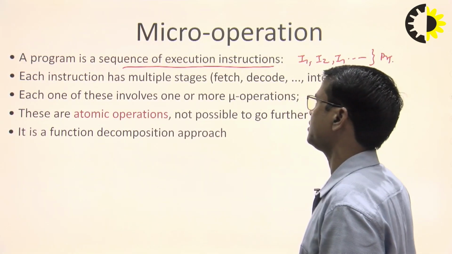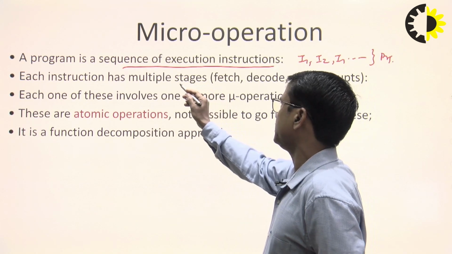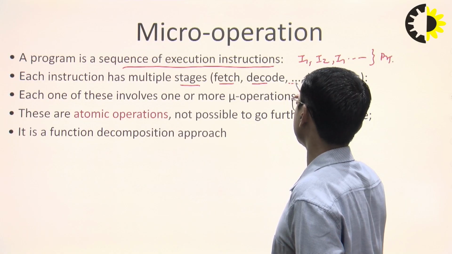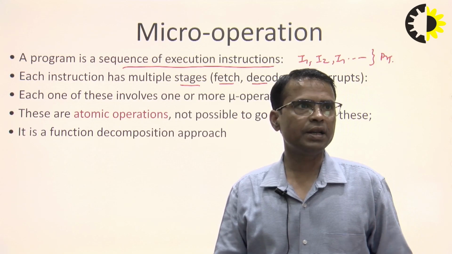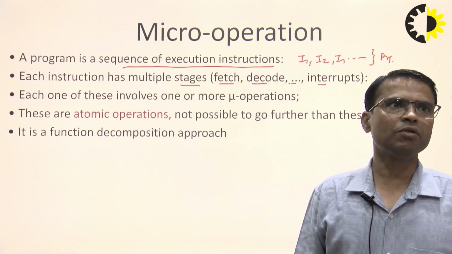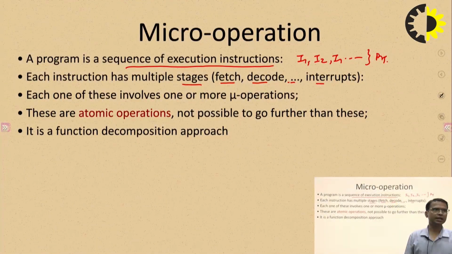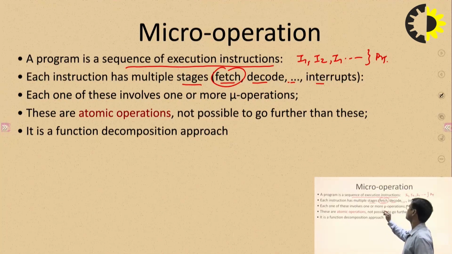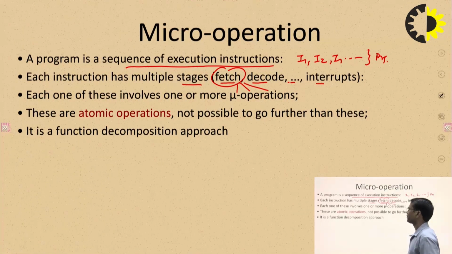Each instruction has multiple stages, called fetch, decode, then interrupt and execute, etc. Each of these is broken into smaller parts. So fetch is broken into microoperation 1, microoperation 2, microoperation 3, and so on.